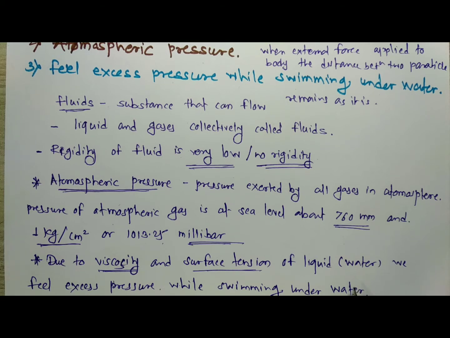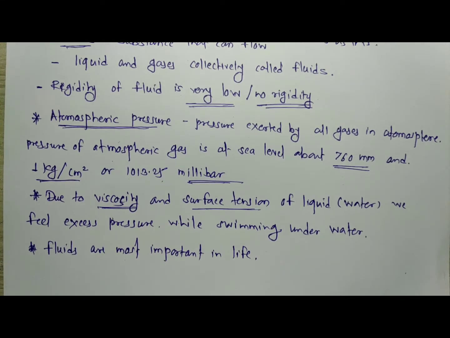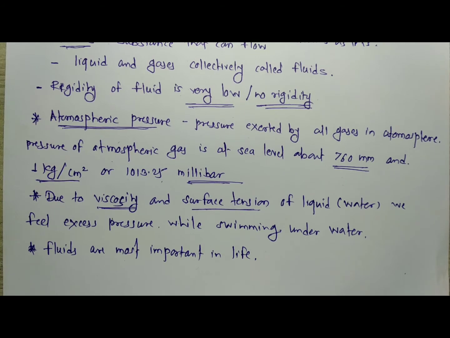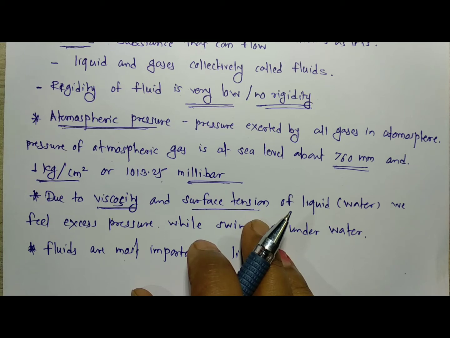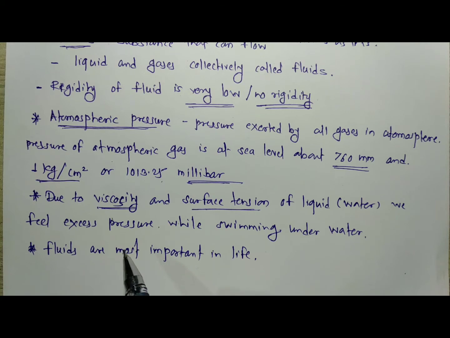Inside the body, we know there are 7 liters of blood, which is useful for transporting different minerals and different substances towards the tissues, and collecting all the excess or harmful particles from our body tissues. And therefore fluid is most important.